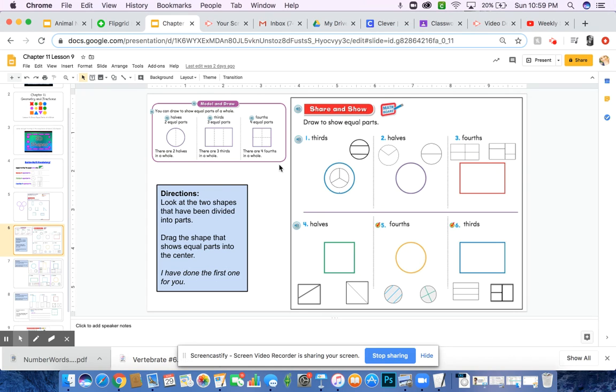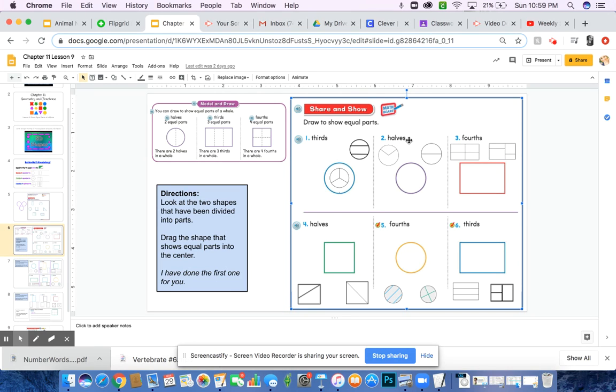So for example, the first one I did for you, it says show thirds. So I had two different circles, and I dragged the one to the center that showed thirds. Both of them have three parts, but only this one had three equal parts. You're going to be doing the same thing for the rest.